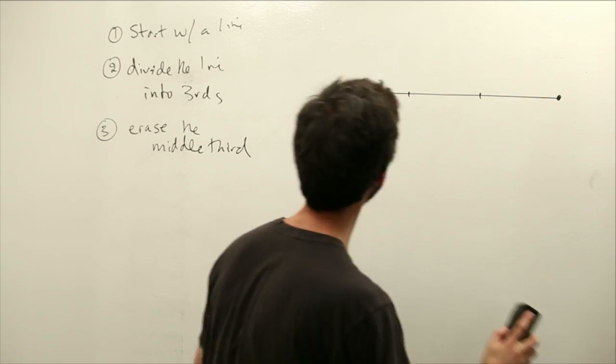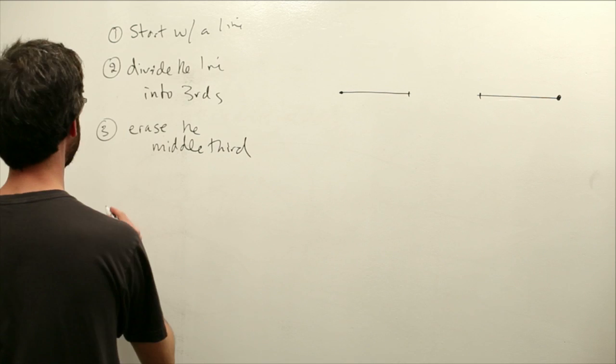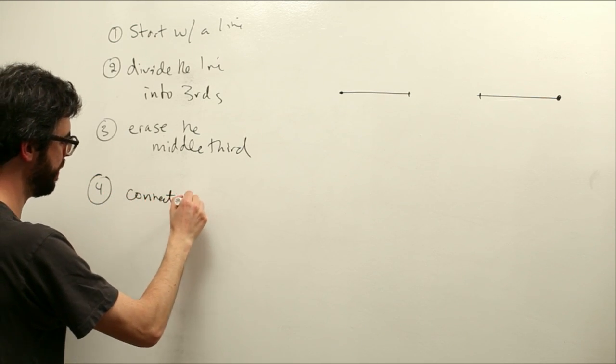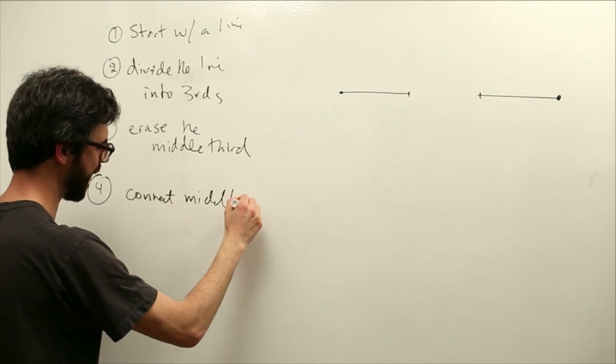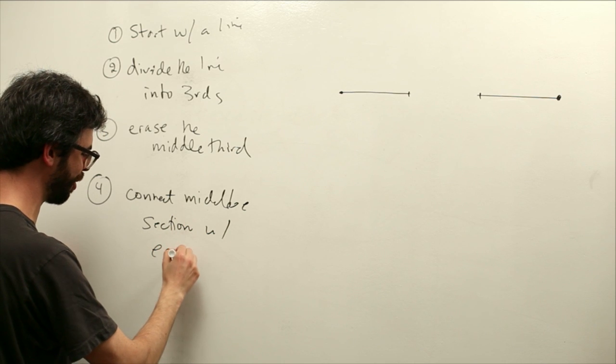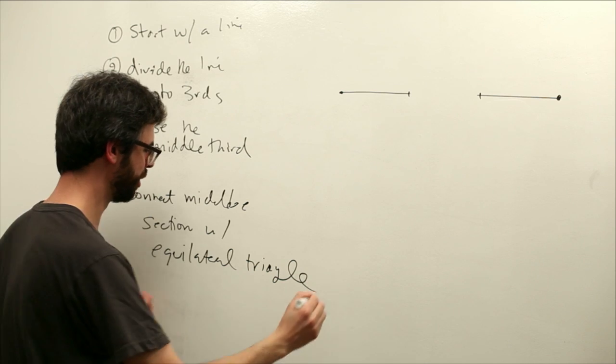I get my eraser here, erase that middle third, and then the last thing that we do, however, is connect the middle section with an equilateral triangle. So this is the last step.